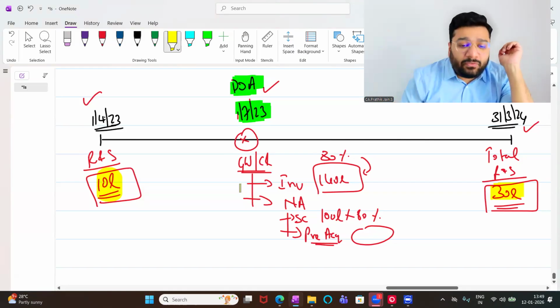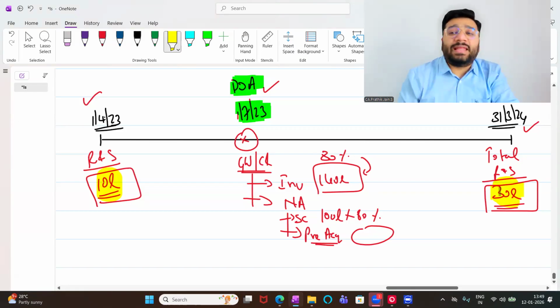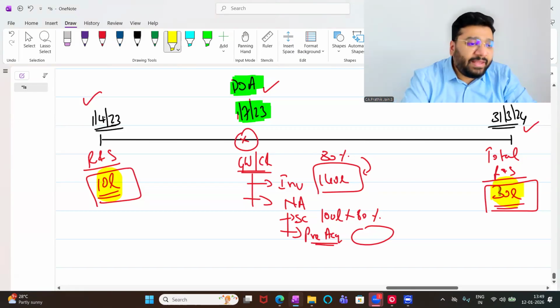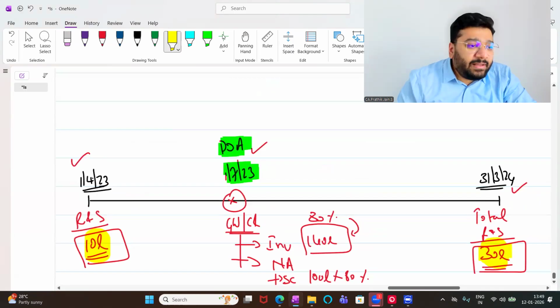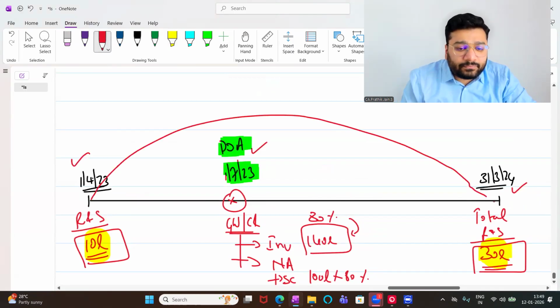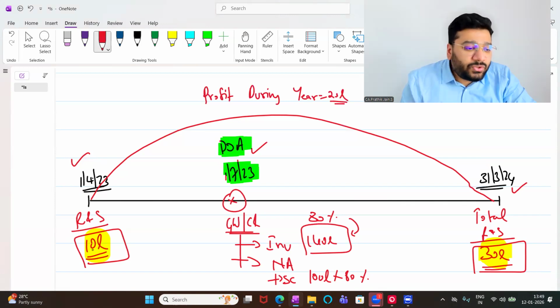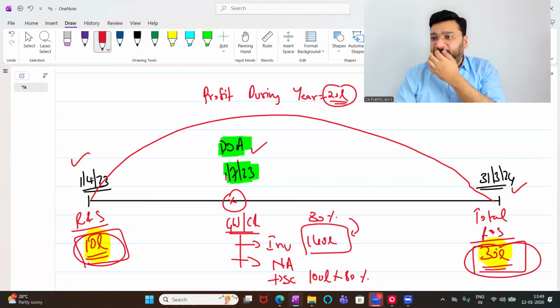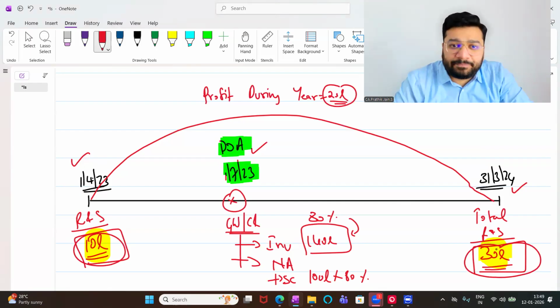By the time they came to the end of the year, the profit became 30 lakh. So profit during the year got increased by how much? Very good. So one thing is very clear. During the year, the profit that got increased is 20 lakh rupees. Profit during year is 20 lakhs. So 10 lakh plus 20 lakh is equal to 30 lakh. Any problem? No problem. This is my first step.